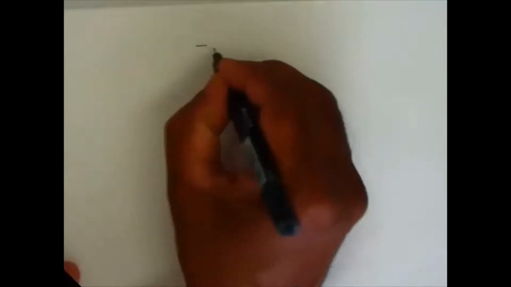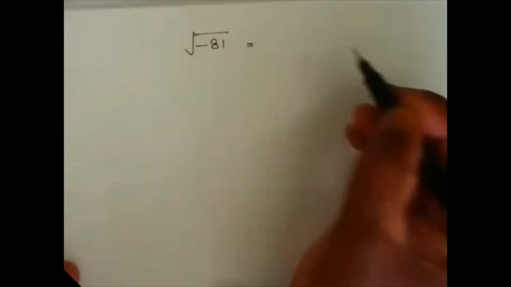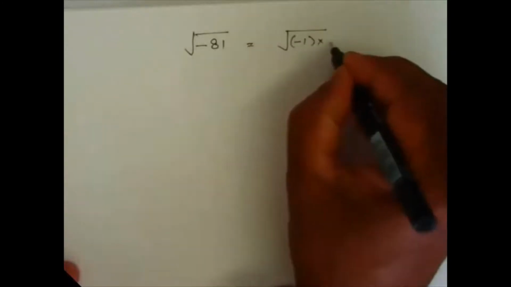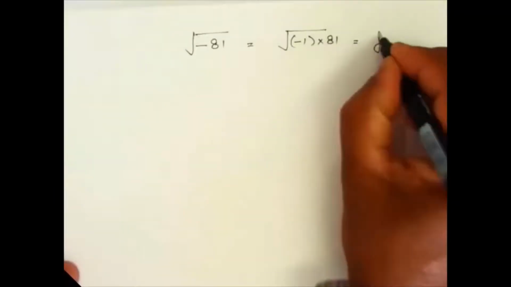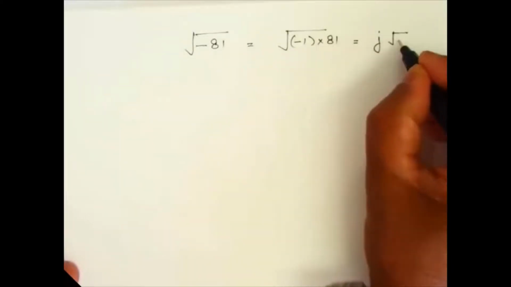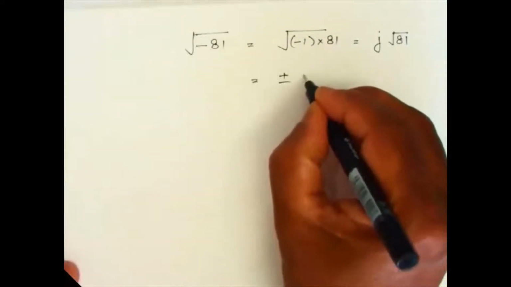So let's see how we can find another complex number, or how we can find the square root of negative 81, which we can write as the square root of negative 1 times 81, which is equal to j times the square root of 81, which is plus or minus j9.